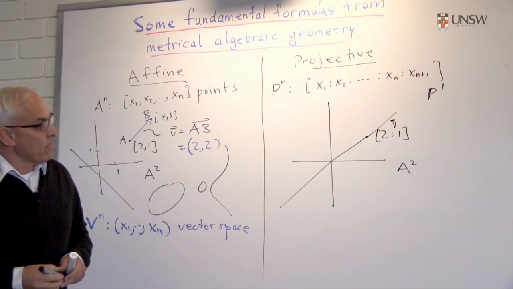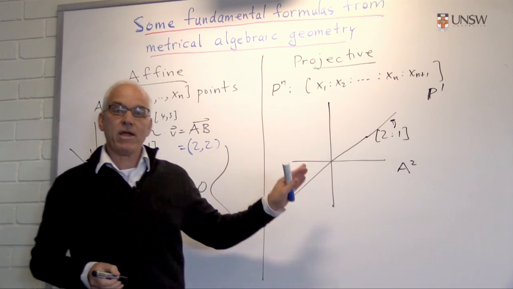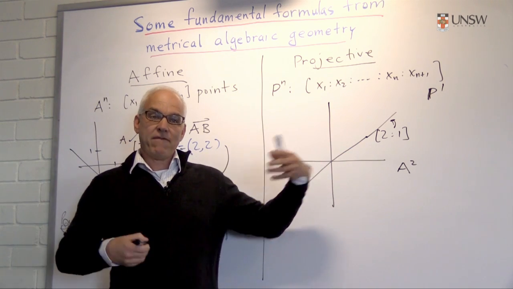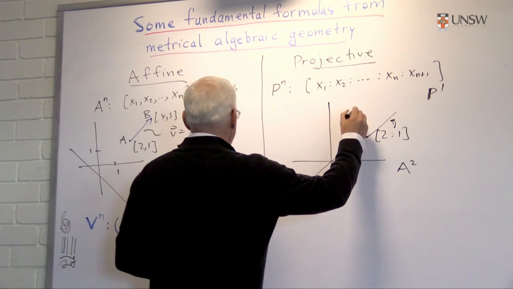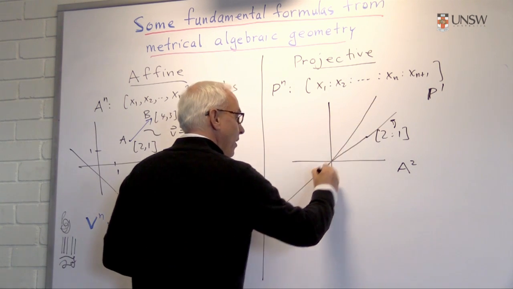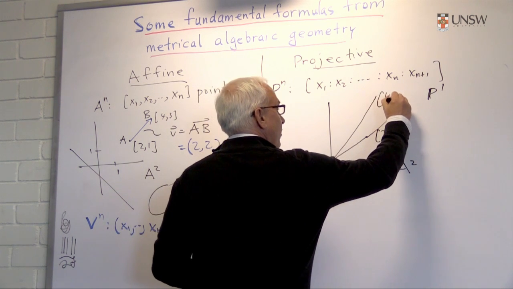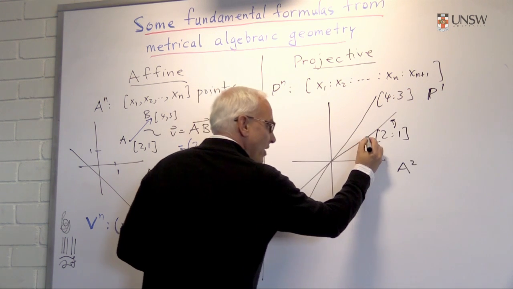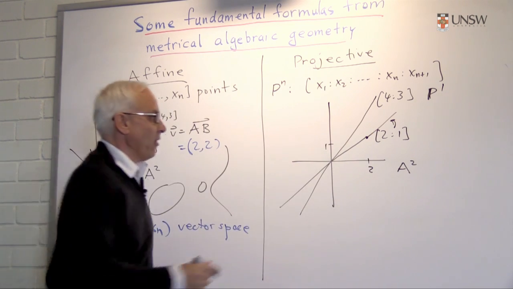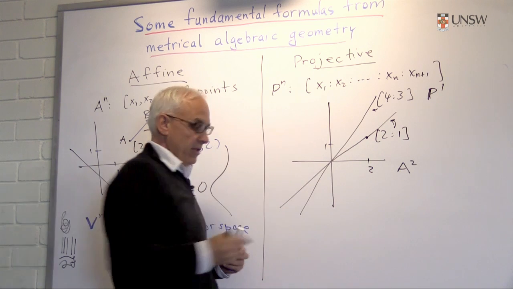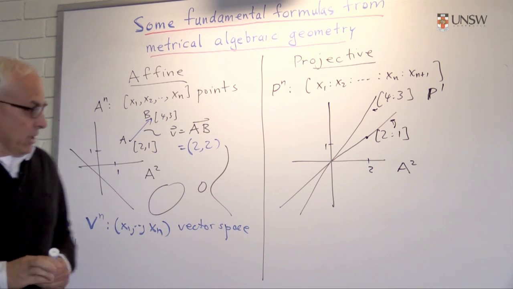So the projective space can be thought of as one-dimensional subspaces of the corresponding affine space. So that's 2 : 1, and maybe 4 : 3 would be this one here, 4 : 3. Of course, the point [2, 1] in our space would be on that line, but it's actually the line itself, which are the objects of the projective space.